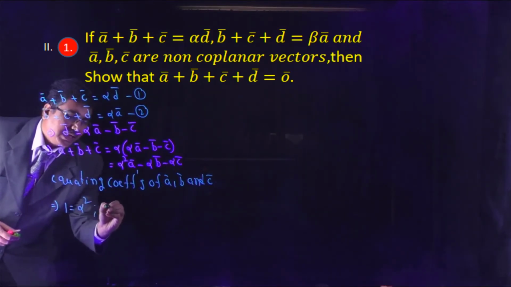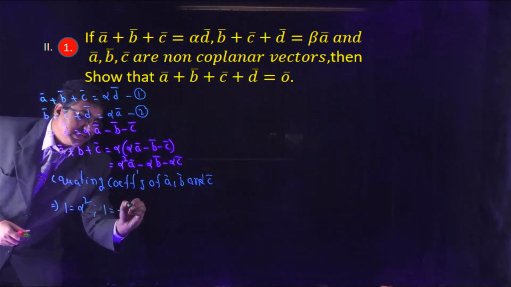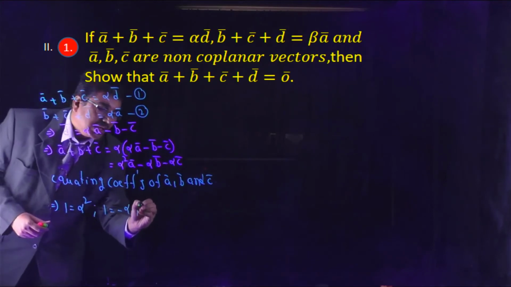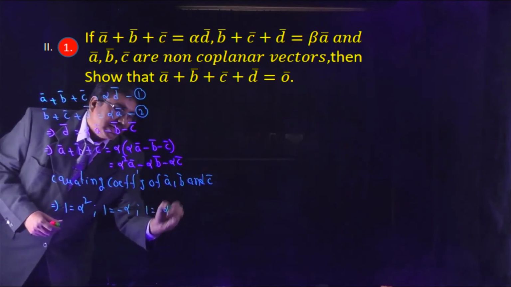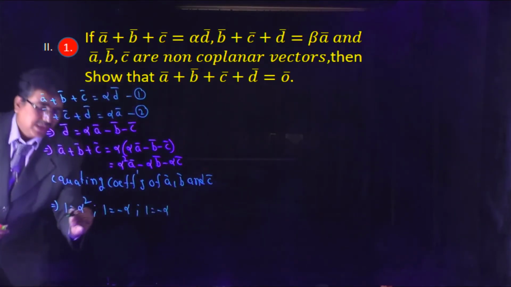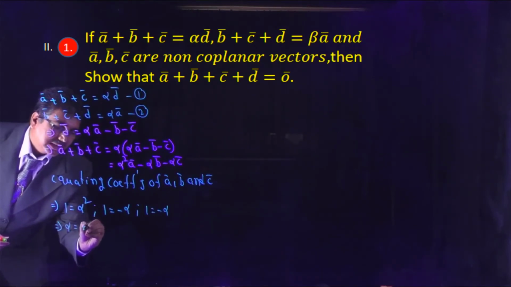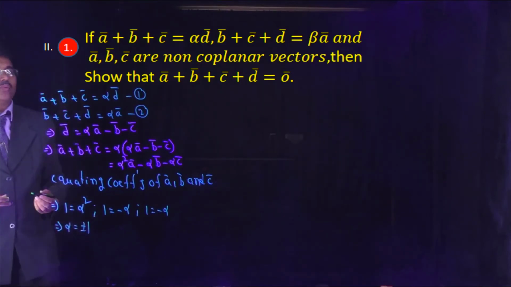The coefficient of b bar, 1, is equal to minus alpha, and the coefficient of c bar, 1, is equal to minus alpha. Here alpha square is equal to 1, so alpha is equal to plus or minus 1.